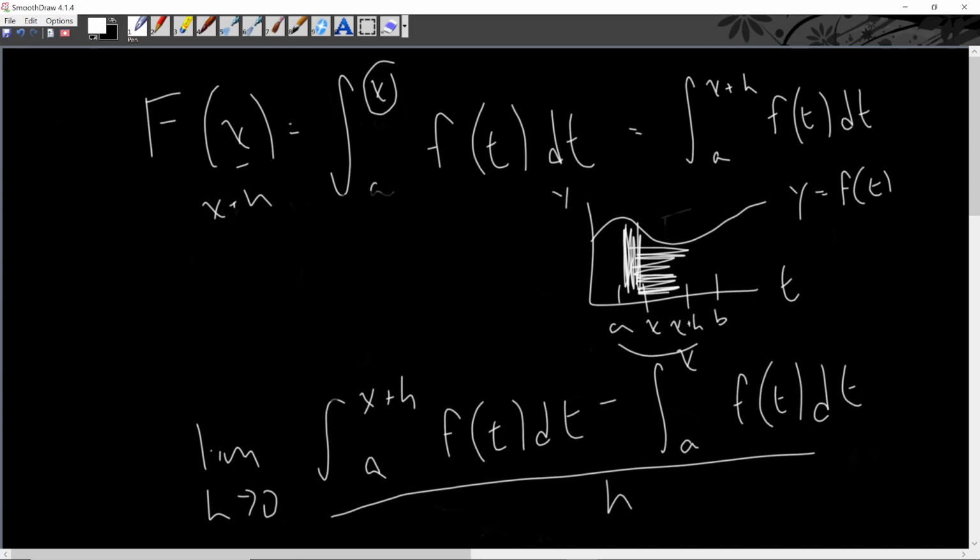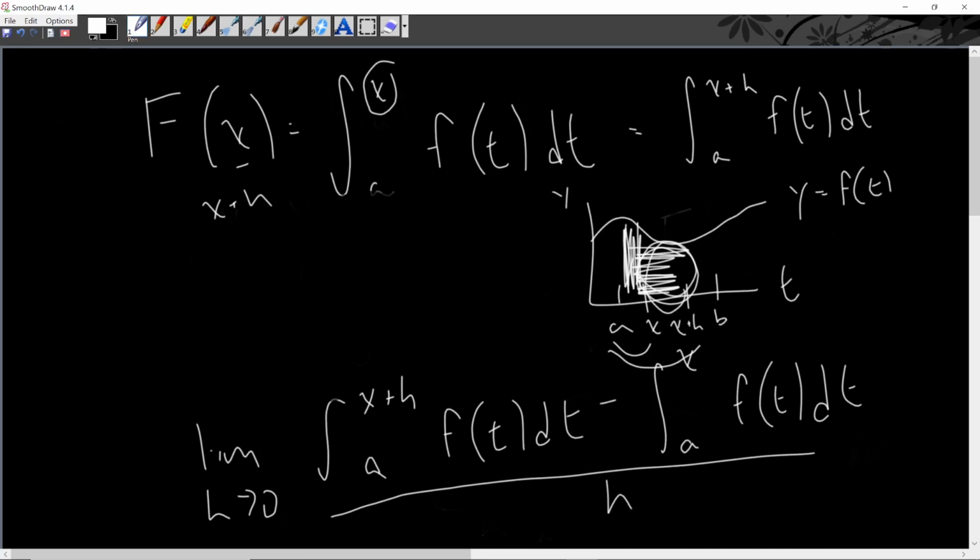I'm not drawing this perfectly because I don't know how to switch colors efficiently, but we have this area that is subtracted from this area, which should leave us with just that area, right?